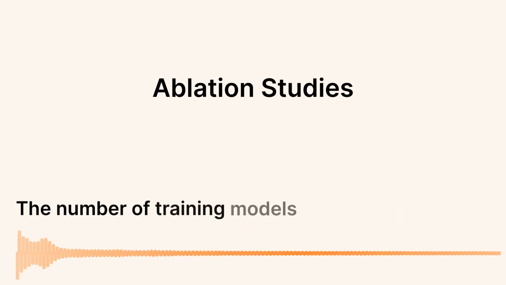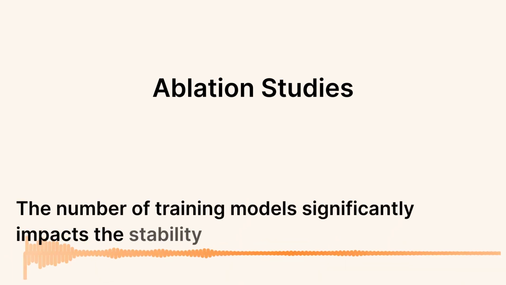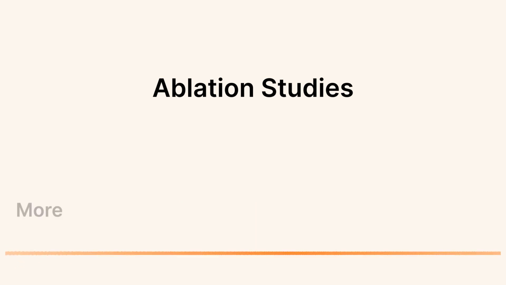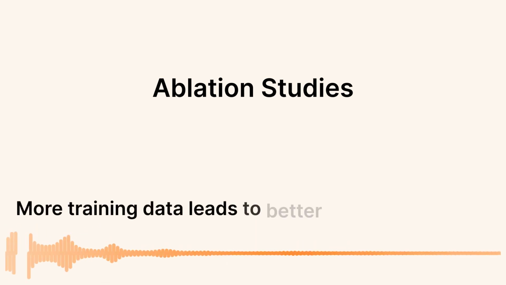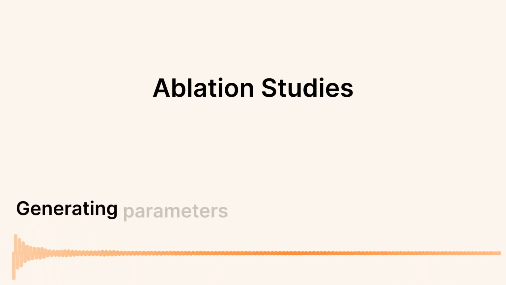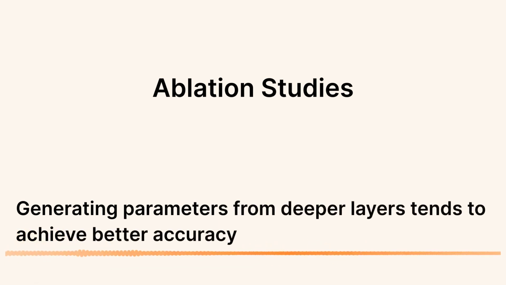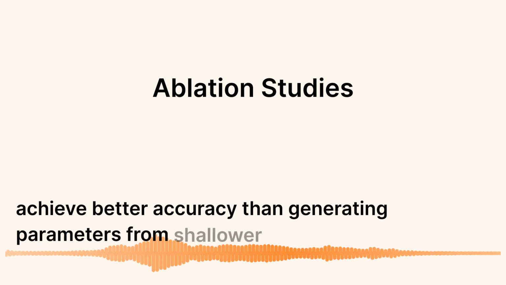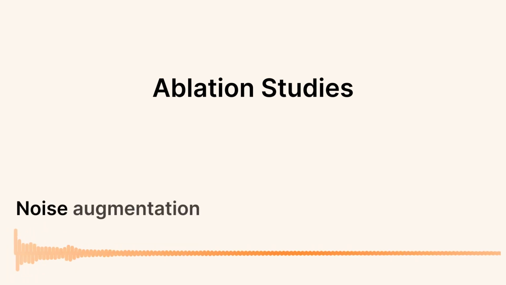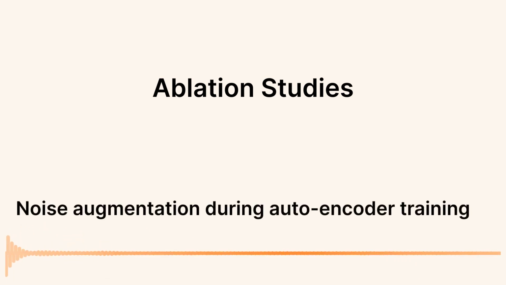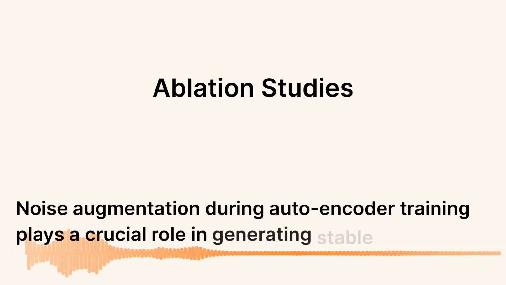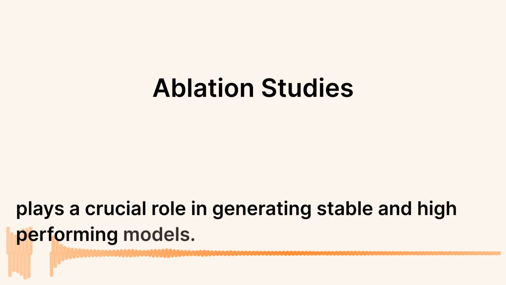The number of training models significantly impacts the stability of generated models. More training data leads to better stability. Generating parameters from deeper layers tends to achieve better accuracy than generating parameters from shallower layers. Noise augmentation during autoencoder training plays a crucial role in generating stable and high-performing models.